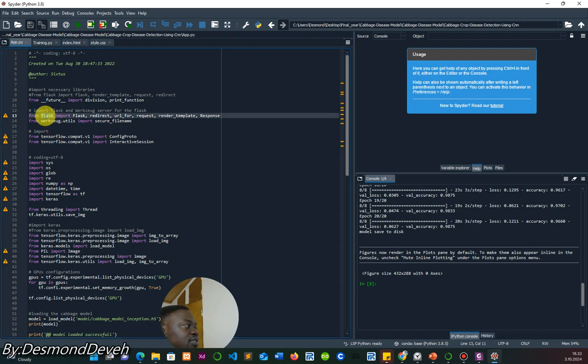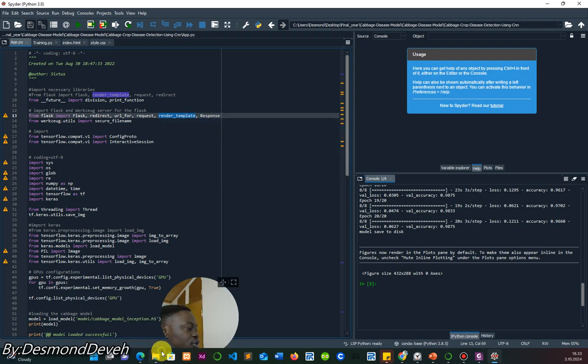This is Flask. So this helps to run HTML and CSS in a Python program. So I imported Flask. I imported redirect, url_for, request, and render_template. So the render template is where my HTML and CSS will be.